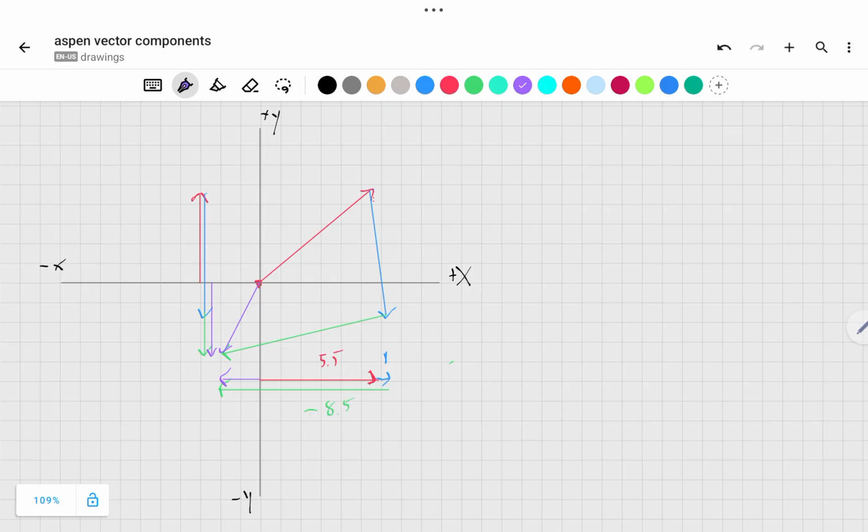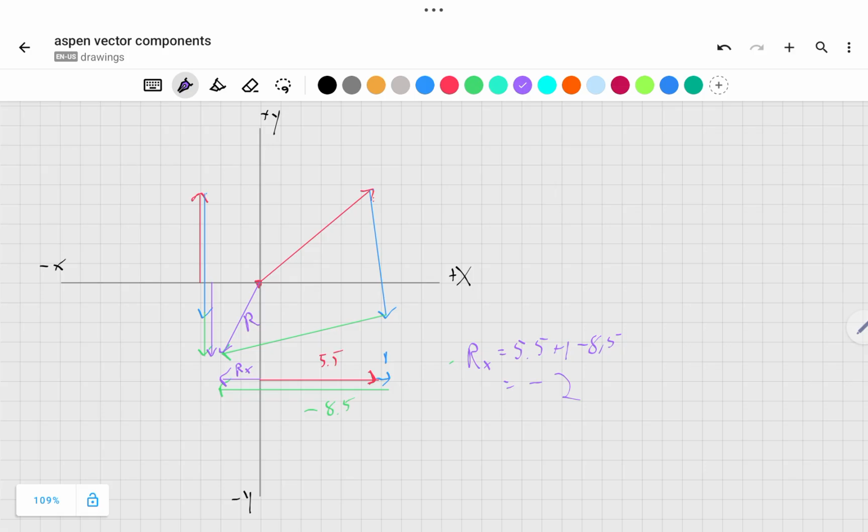So to get the result, I'll call this vector r, in the x direction, I'm just going to do 5.5 plus 1 minus 8.5, and that should get me negative 2.5. Nope, negative 2. Okay, so that gets me negative 2, which we can see graphically, right? How do I get that? I add up all the vector components that are in the x direction, and what's left over is my result.